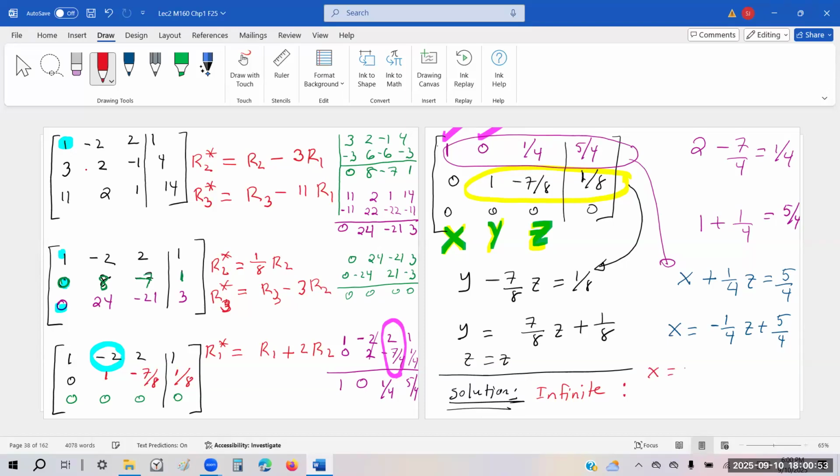Our X is negative 1/4 of Z plus 5/4. Y is 7/8 of Z plus 1/8. And Z is anything. That's how we're supposed to write the solution.